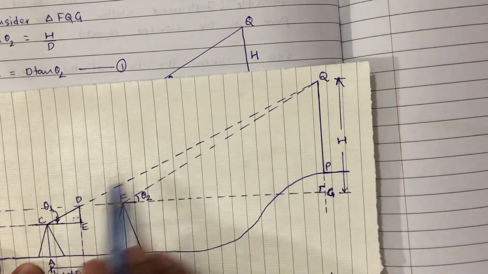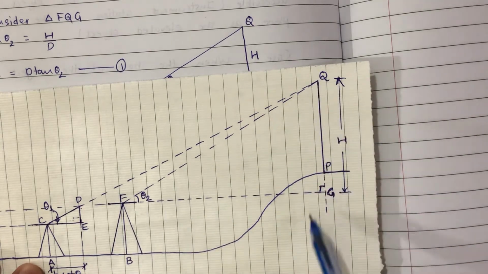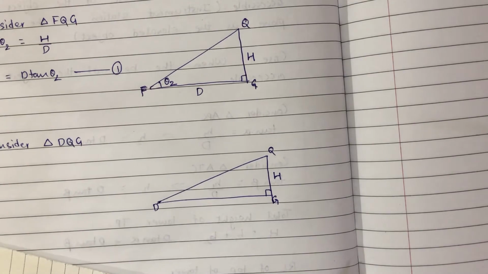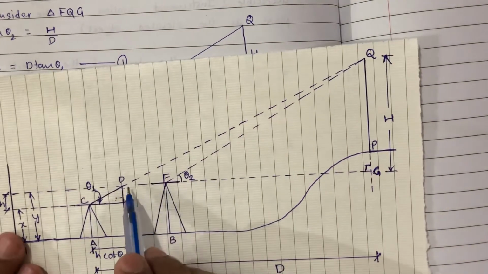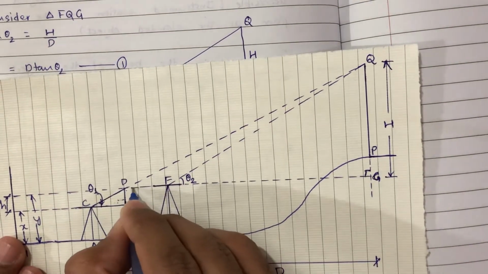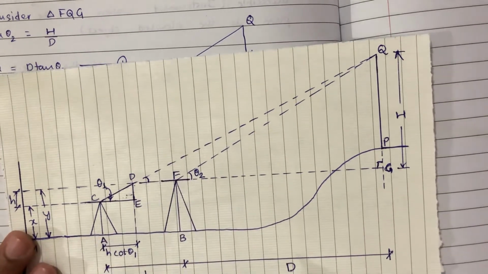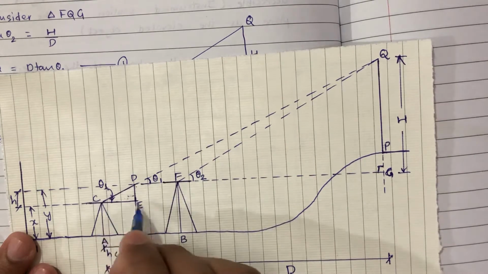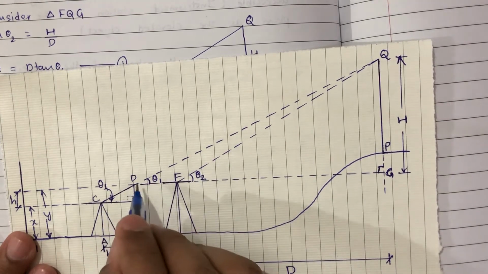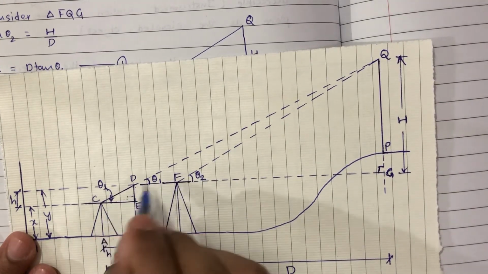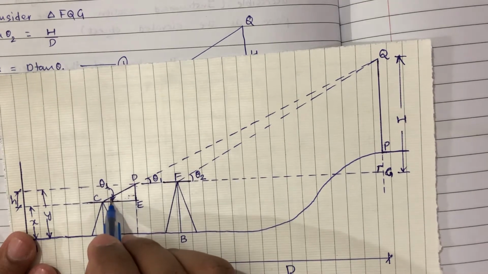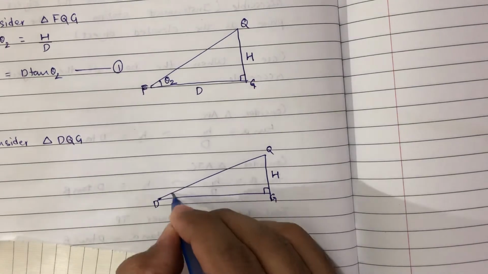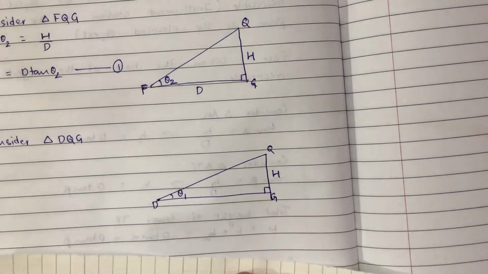We are considering this triangle DQG. This QG is equal to H. And this angle will be equal to theta 1 itself, because these are corresponding angles. If this is theta 1, this angle should also be equal to theta 1.